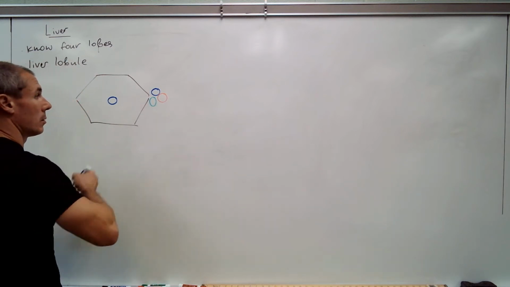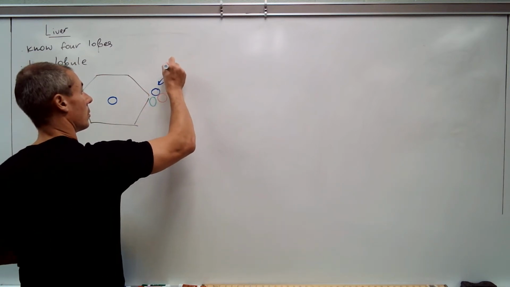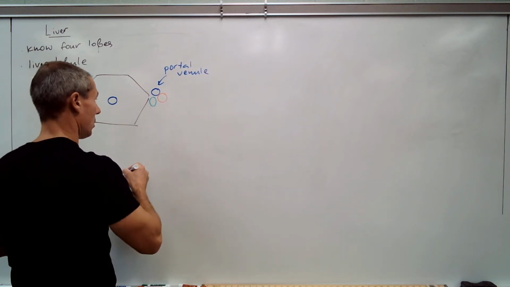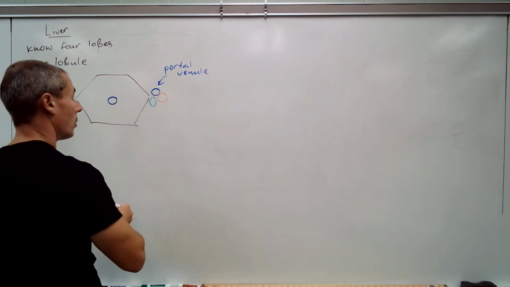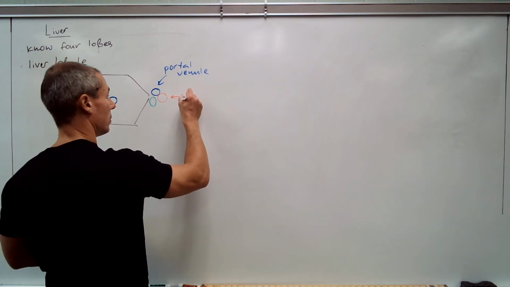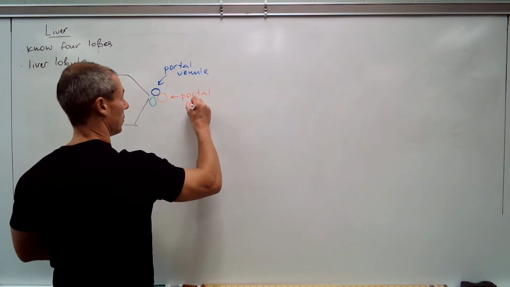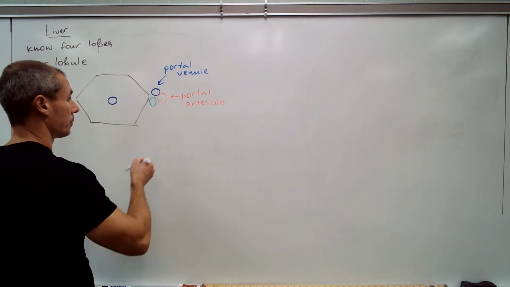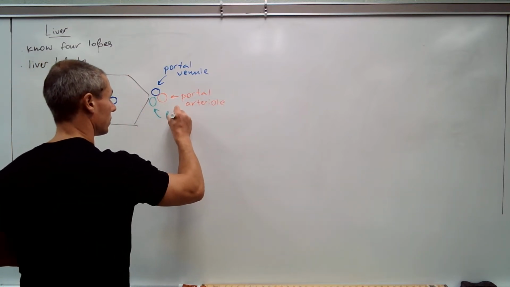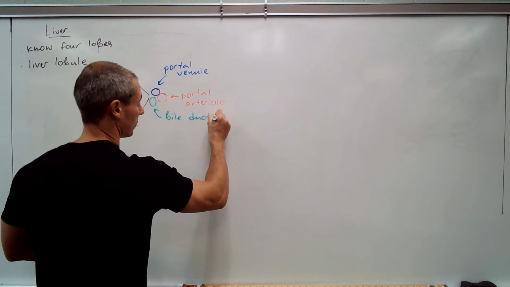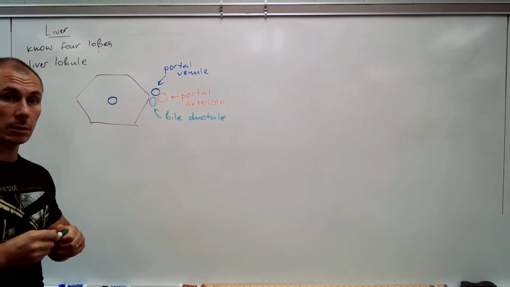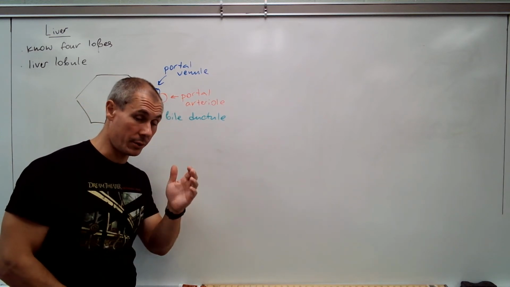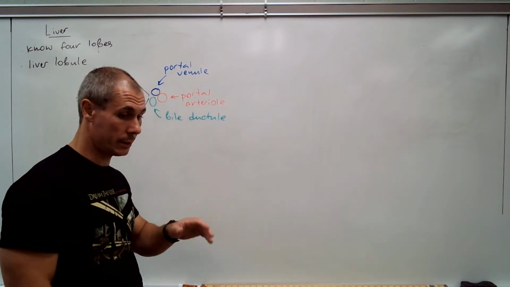So you've got portal venule, portal arteriole, and bile duct. The structures are called portal triads because there are 3 vessels there. Are we clear? Excellent.